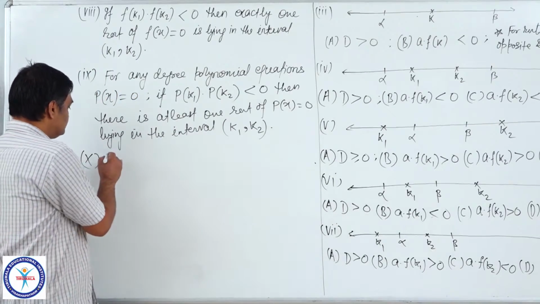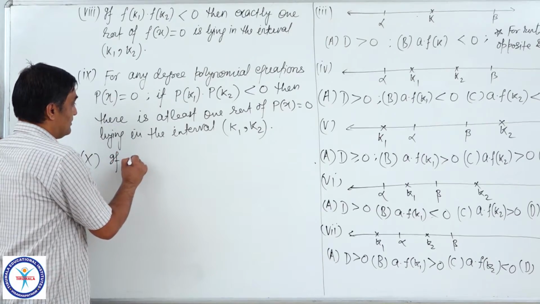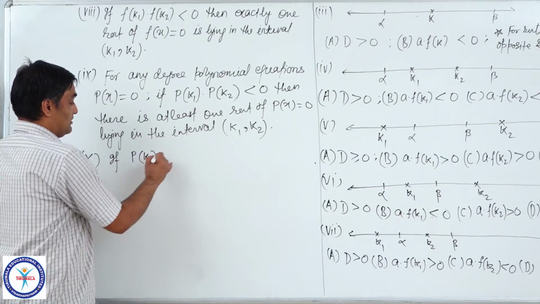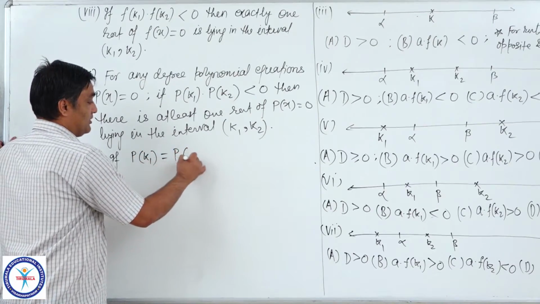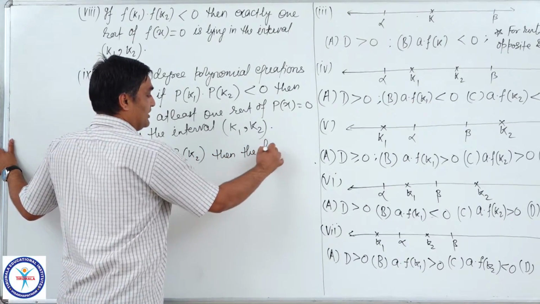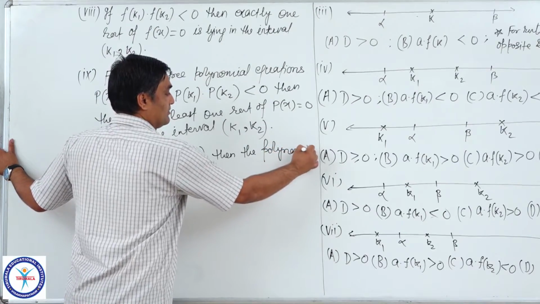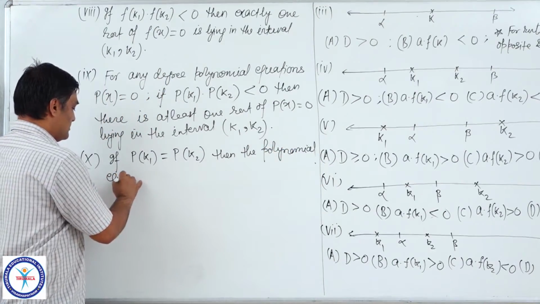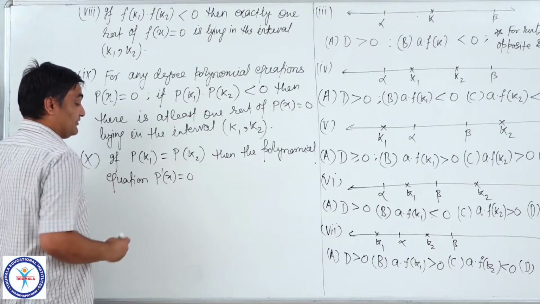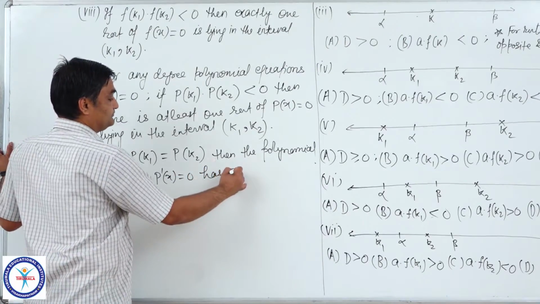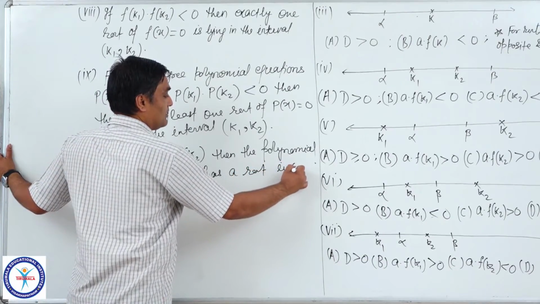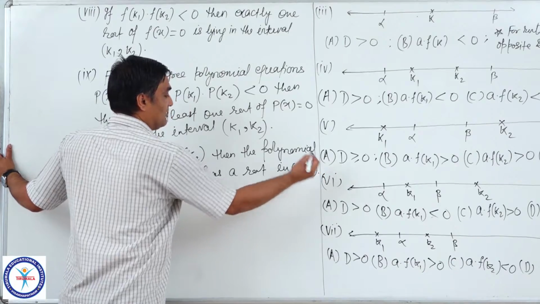So, if P of k1 is equal to P of k2, then the equation P dash x equal to 0 has a root in the interval k1 comma k2.